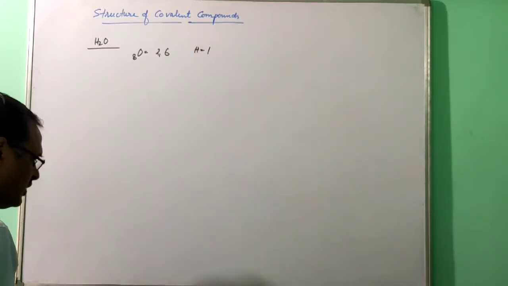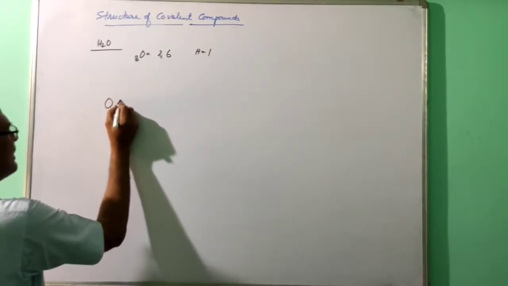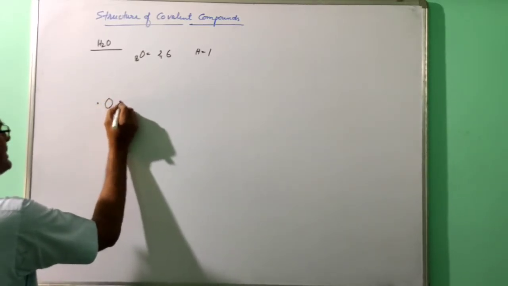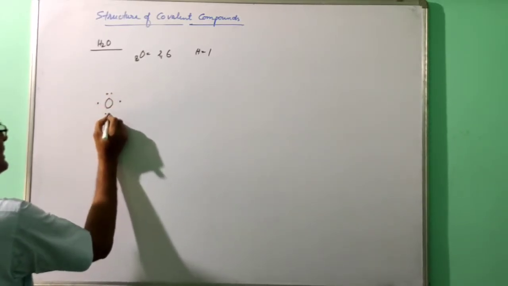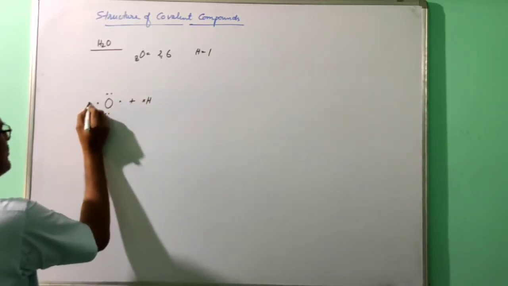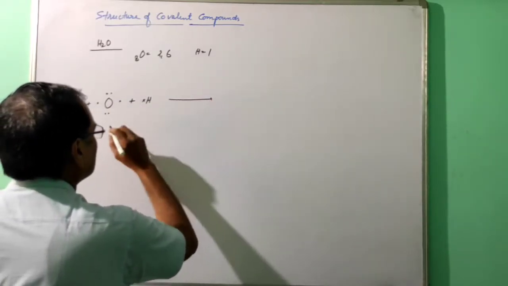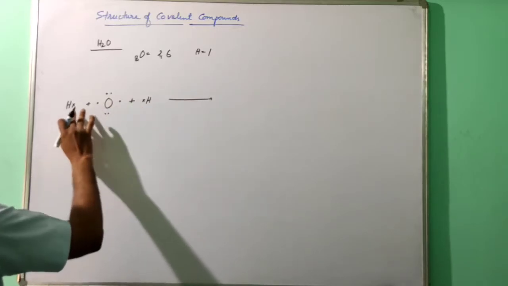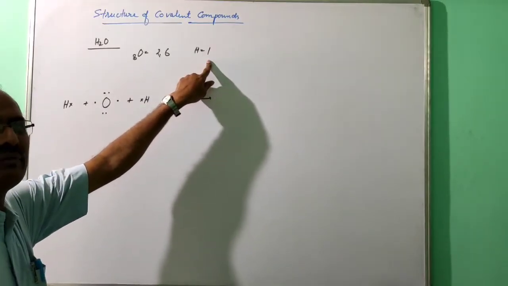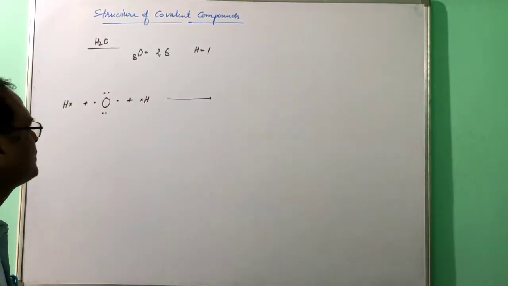Take oxygen, with 1 electron this side for sharing and 4 electrons here. Then hydrogen plus hydrogen will share 1 pair of electrons. Oxygen needs 2 electrons to complete the octet, but hydrogen needs only 1 electron. So 1 more electron will be shared with both hydrogen atoms.